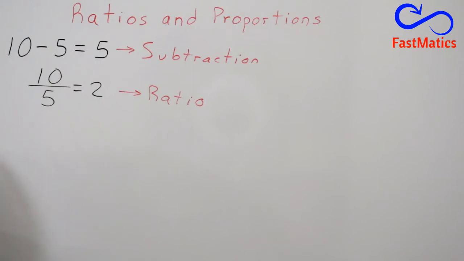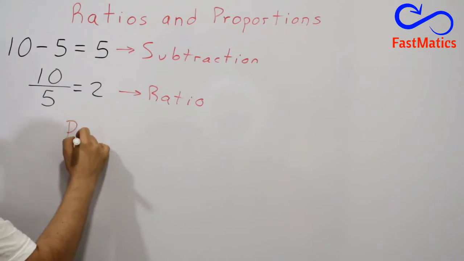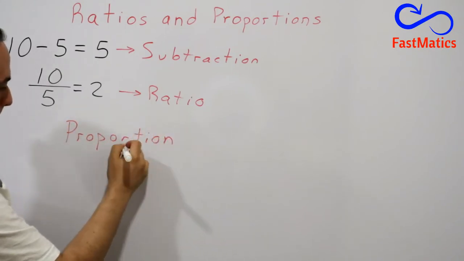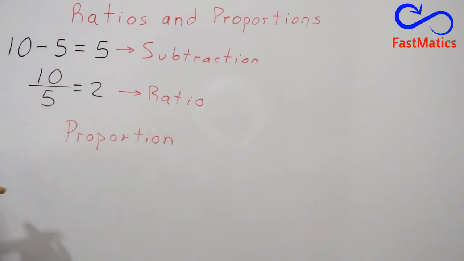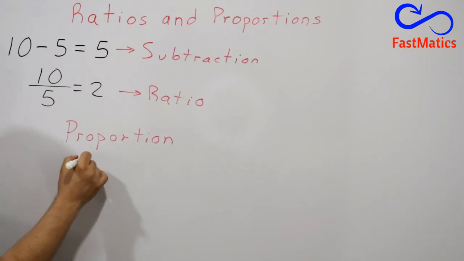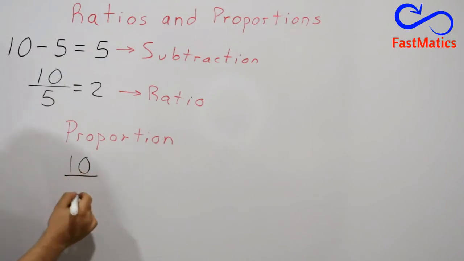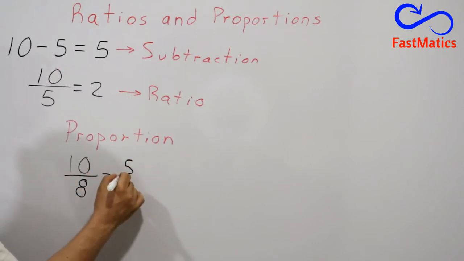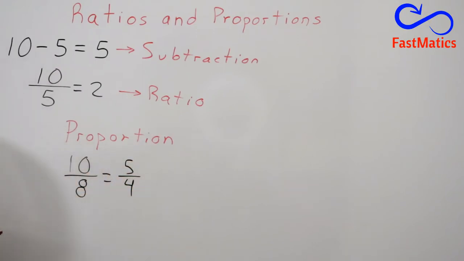Now, what is a proportion? A proportion is the relation between two ratios. For instance, 10/8 is equal to 5/4.